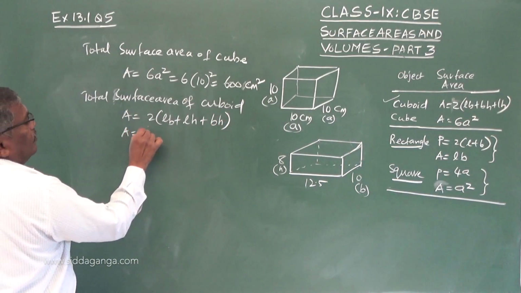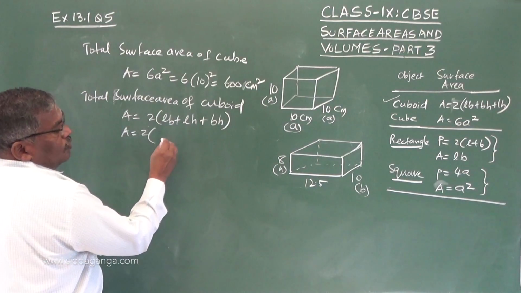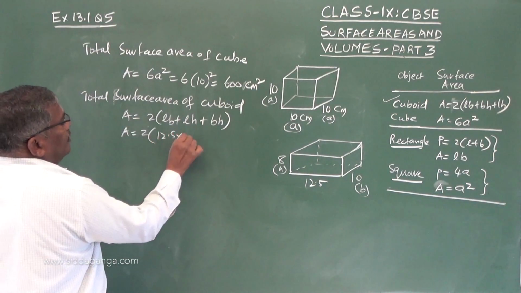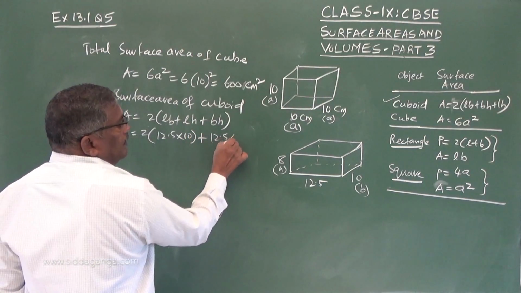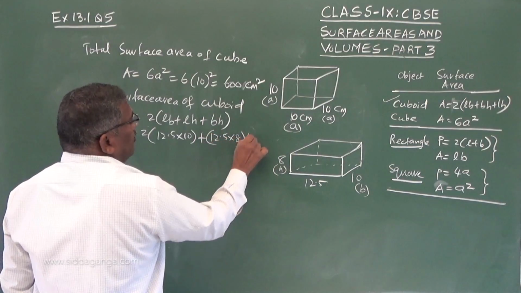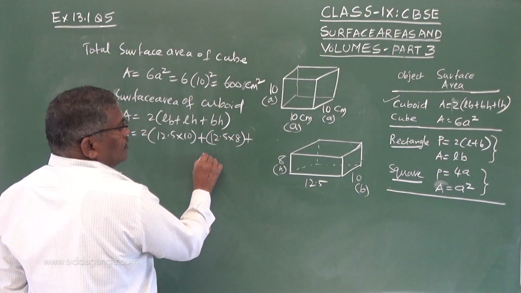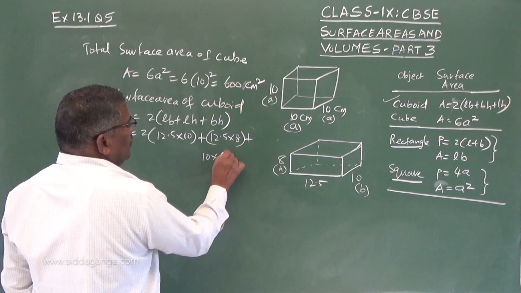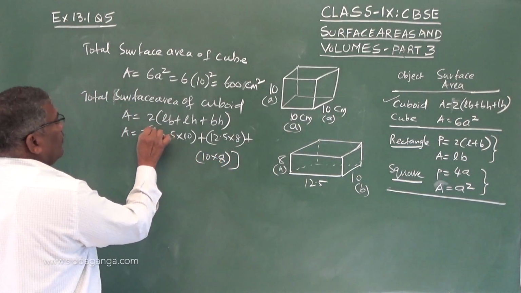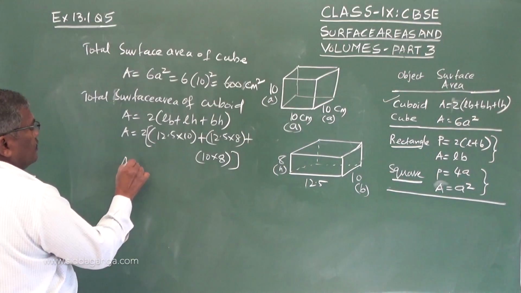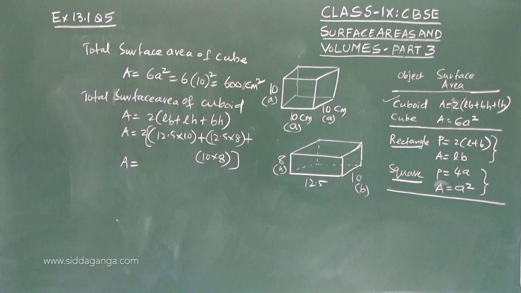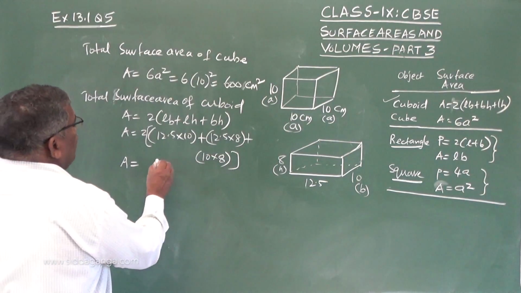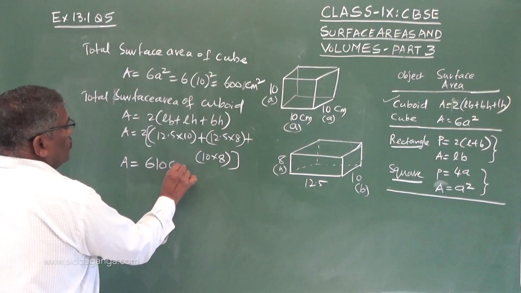So that is 2 into 12.5 into 10 plus 12.5 into 8 plus 10 into 8. So you will get 610 centimeter square.